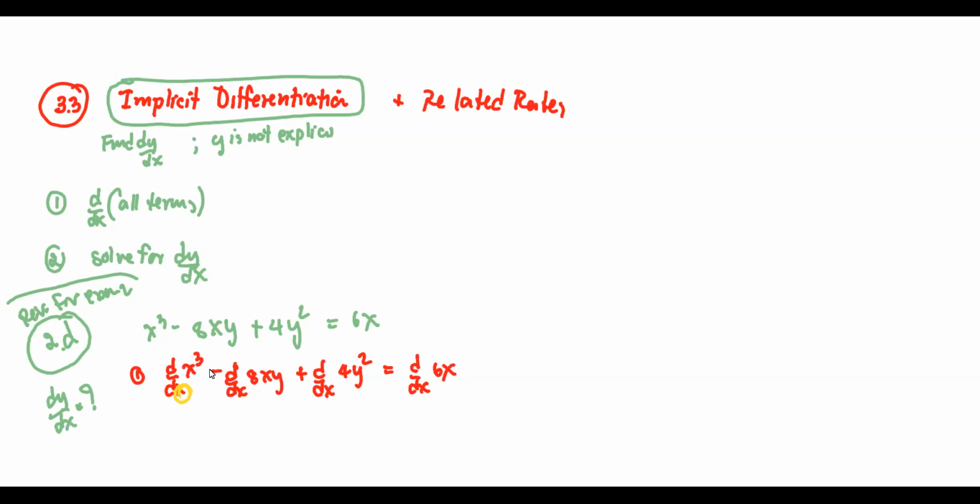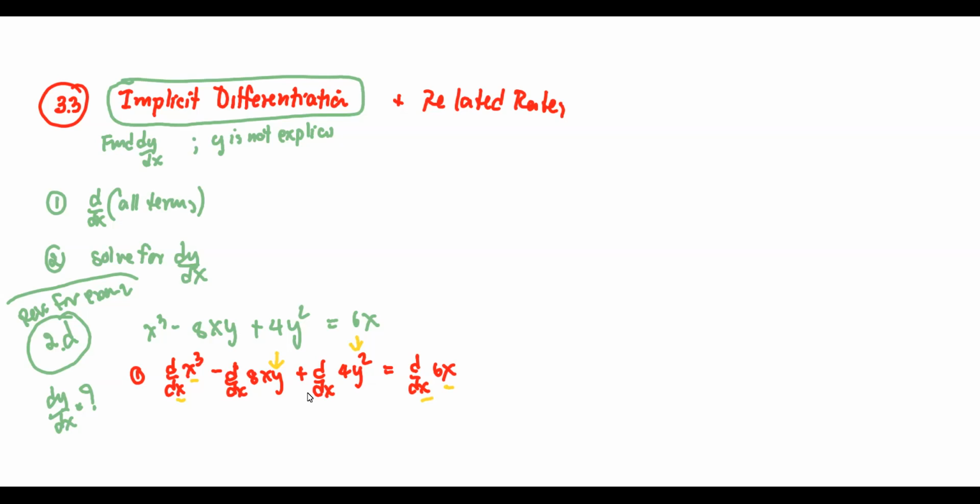You have x here, x, x and x. Otherwise, for the other term, you have y involved in the expression before you find the derivative. So the one involving y, you're going to treat by using the general power rule or the chain rule when you find the derivative with respect to x.